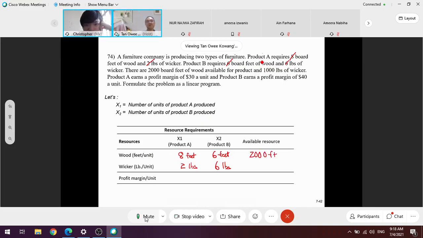There's 1,000. Write it down. Product A earns a profit of 30. Product A, and then product B.